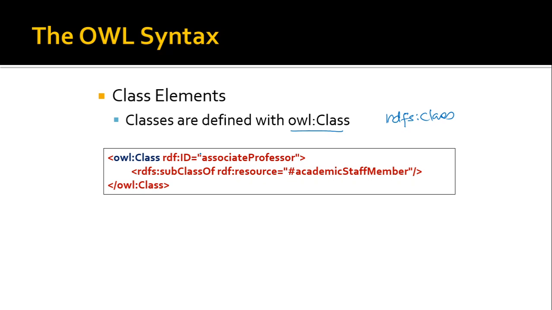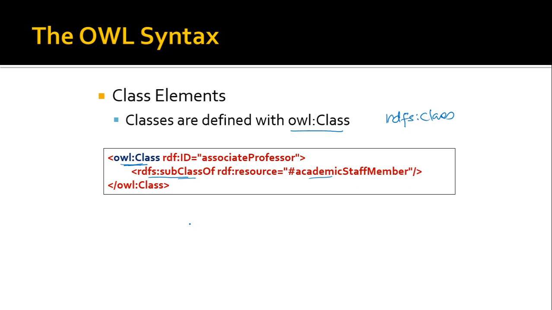Here we are trying to define a class, Associate Professor. We'll be doing a similar thing as we did in RDFS. We are defining Associate Professor to be an OWL class, and we are defining it to be a subclass of Academic Staff Member. So here we are combining this OWL construct with an RDFS construct, assuming that these two are compatible, right?